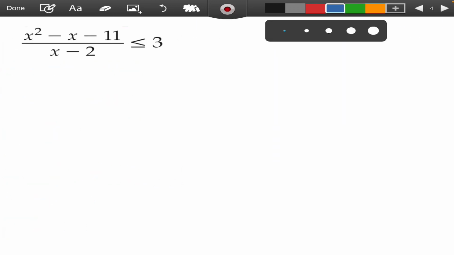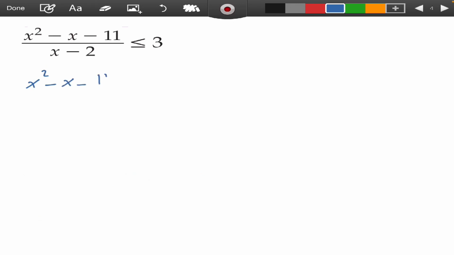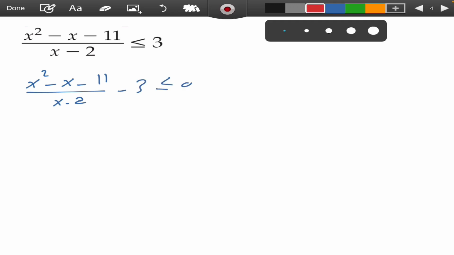The last one is a fraction, a rational inequality. So the same steps, we get rid of 3 to the other side. Then we're going to have x squared minus x minus 11 divided by x minus 2 minus 3 less than or equal to 0. We have a fraction.